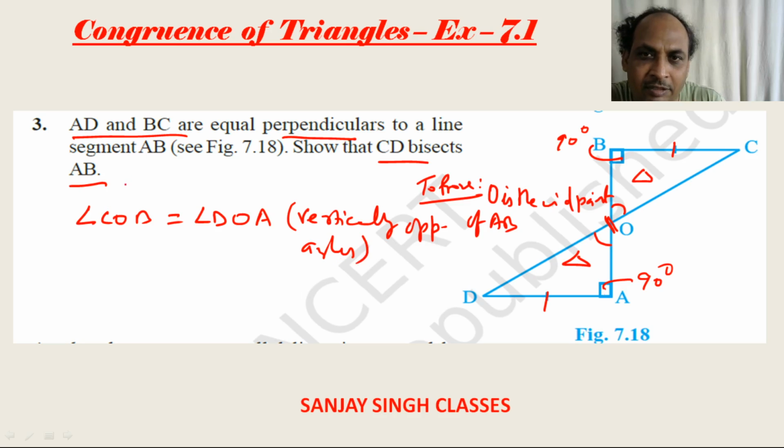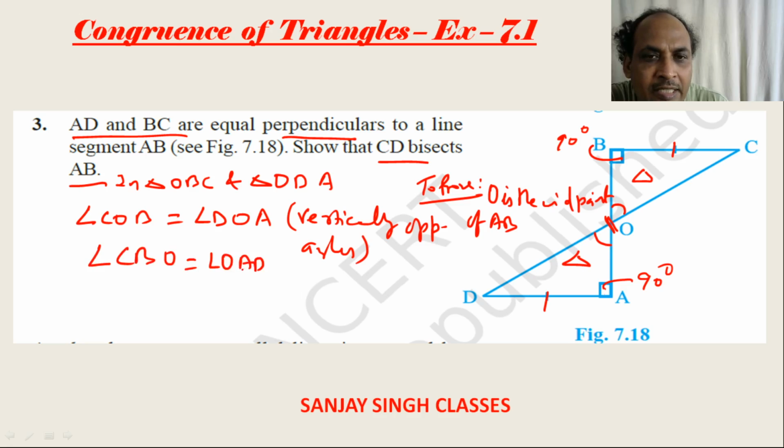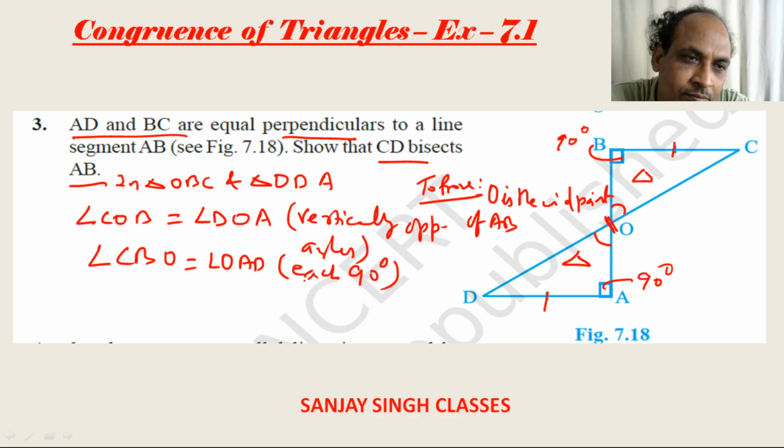So in triangle OBC and triangle ODA, we have angle COB equal to angle DOA, vertically opposite angles. We have angle CBO equal to angle OAD, each 90 degrees.